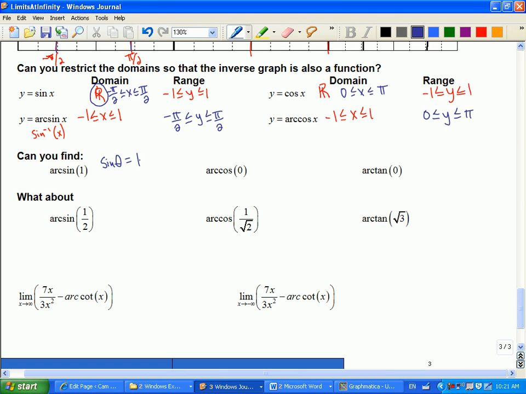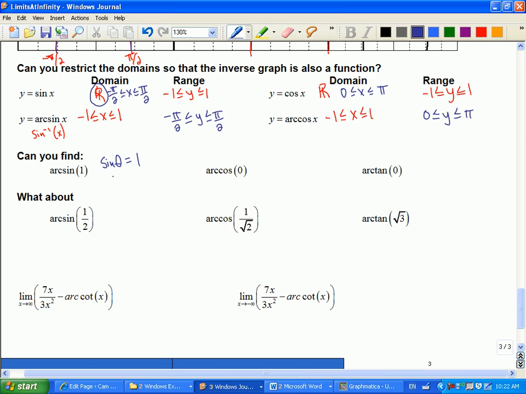Normally you go like sine of pi over 2 equals 1. You're used to going that way. If you're going in the inverse, it's backwards. You don't give me the angle and get a number. You get the number and you find the angle. So in this case, I'm looking for what angle gives me an answer of 1.